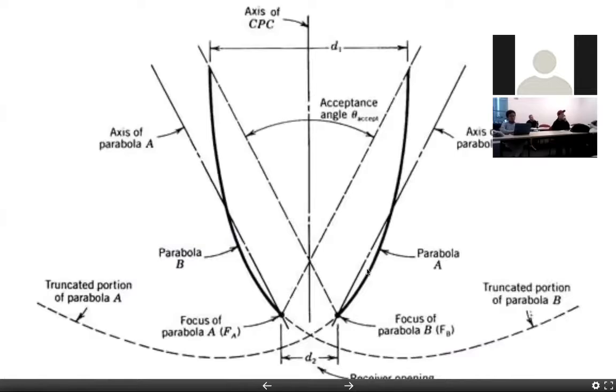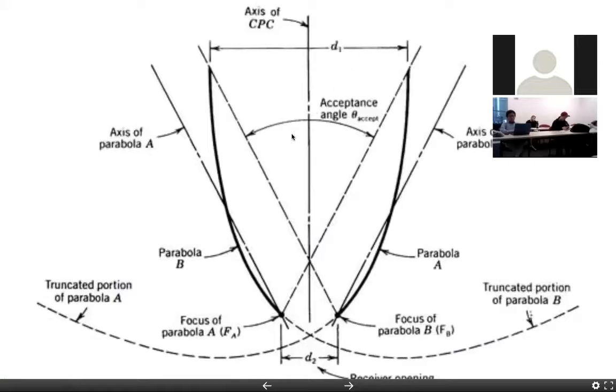Okay. Now I also have a symmetric parabola on the other side, which is shown by this curve. Again, I'm pointing it out with my mouse, which is truncated here, shown by the solid lines, and the same thing happens. So this is the axis. The rays come down this way, reflect off this parabola, and end up at its focus, which is now FB.